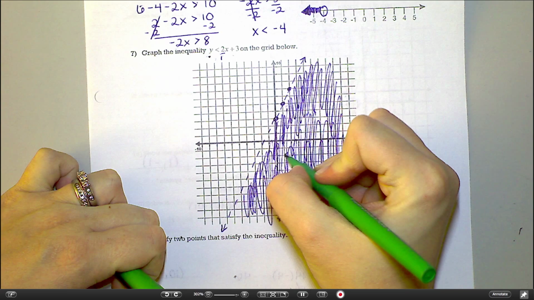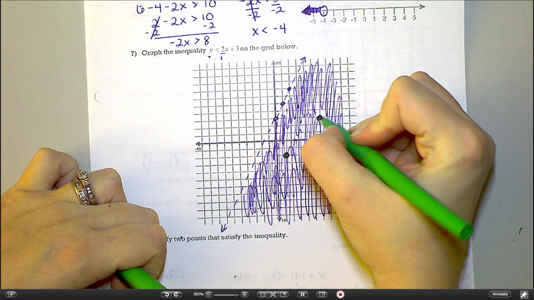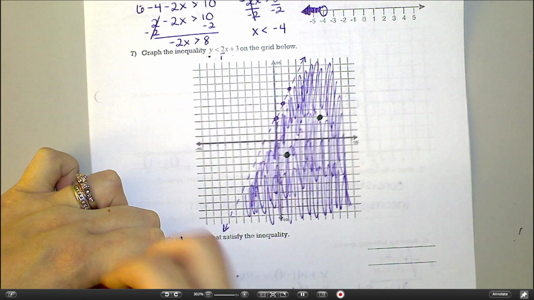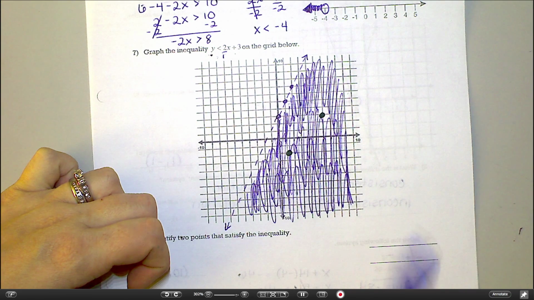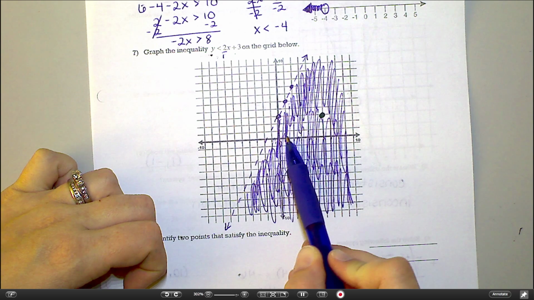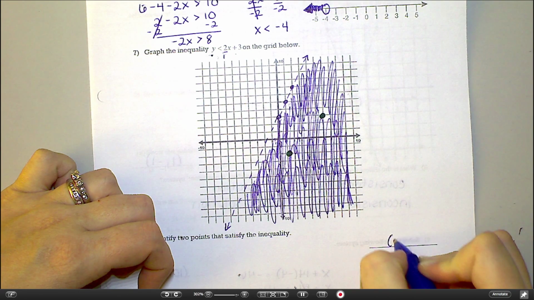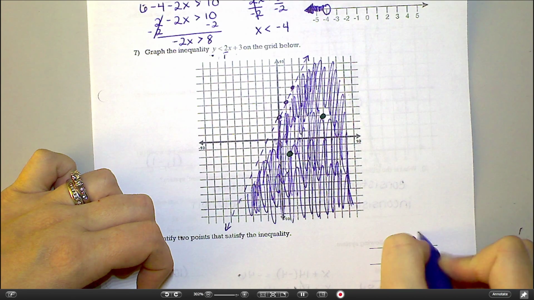So I'm just going to kind of randomly pick out 2 points. I don't care which ones. Okay, I'm picking 2 points that are in the shaded area. And then let's see, the coordinates of this first one I picked, looks like it's over to the right 1 and then down 2. So 1, -2 would be one of them.